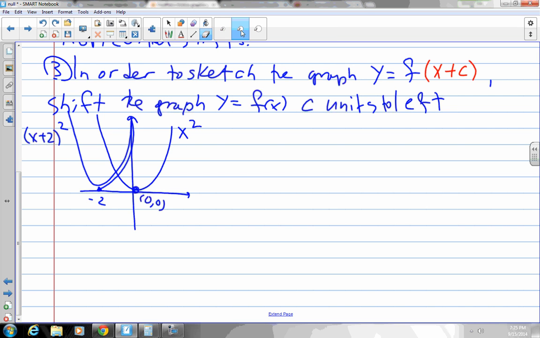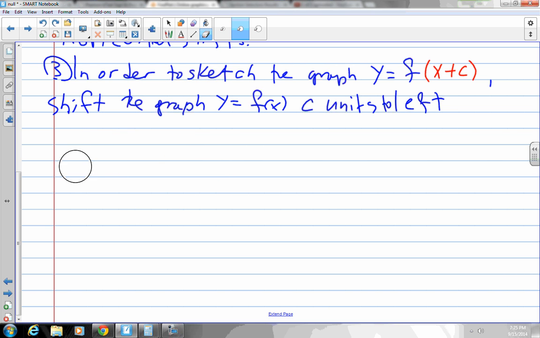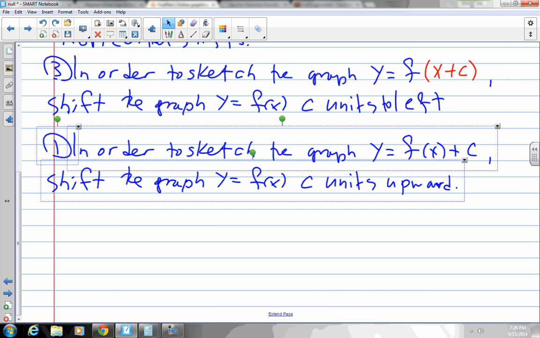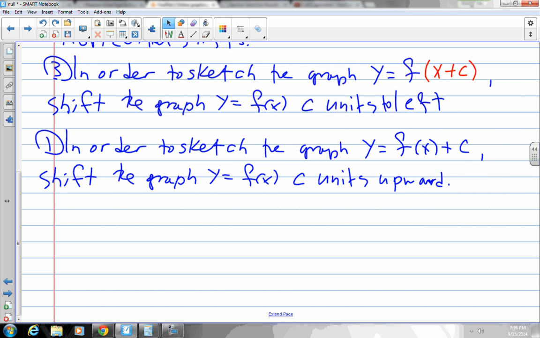But again, if this makes sense, what I'm saying, by kind of the opposite of what intuition suggests, then we're kind of good. All the horizontal shifts. Okay. So the fourth option is if instead of adding, we are subtracting. So f of x minus c.